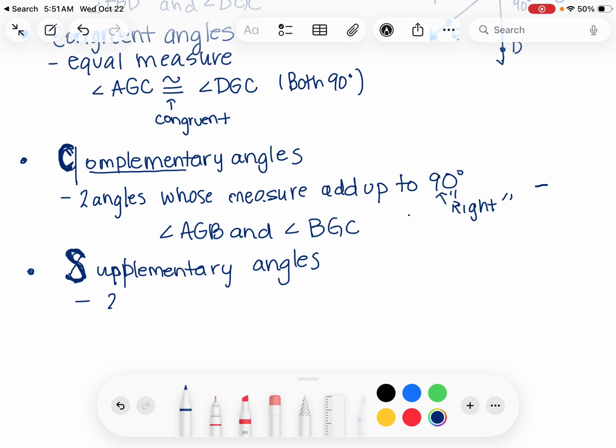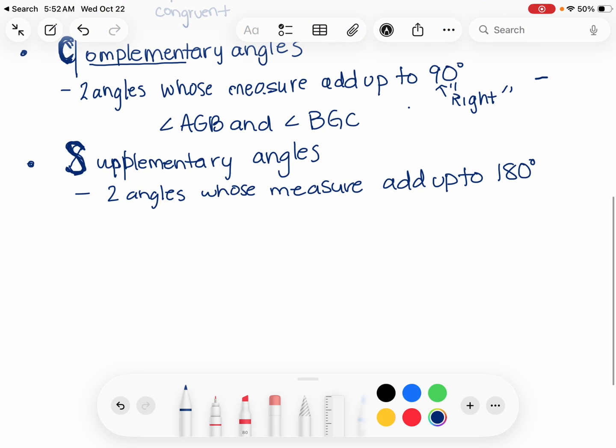Well, supplementary angles are two angles whose measures add up to 180 degrees, okay? So they have to add up to 180 degrees. Hence, I want you to think about the 8 for supplementary.